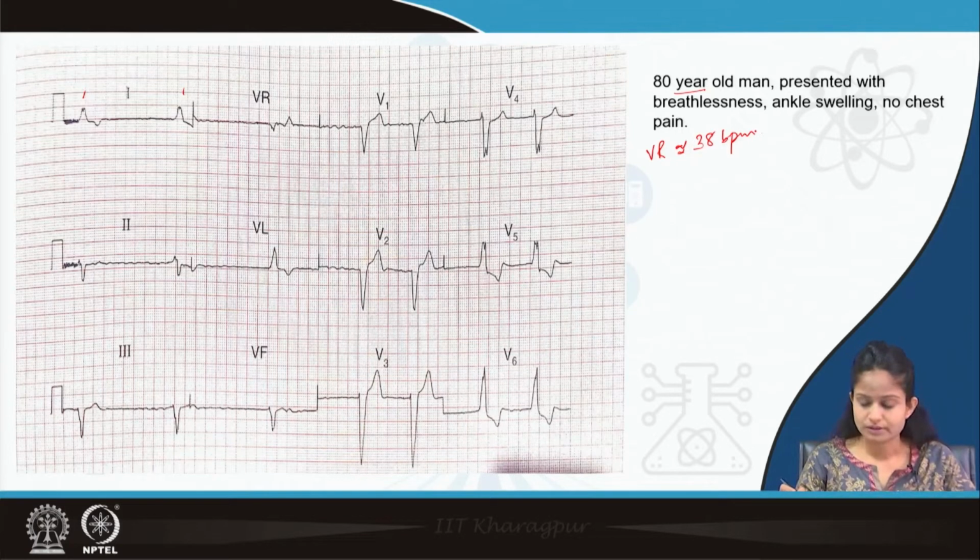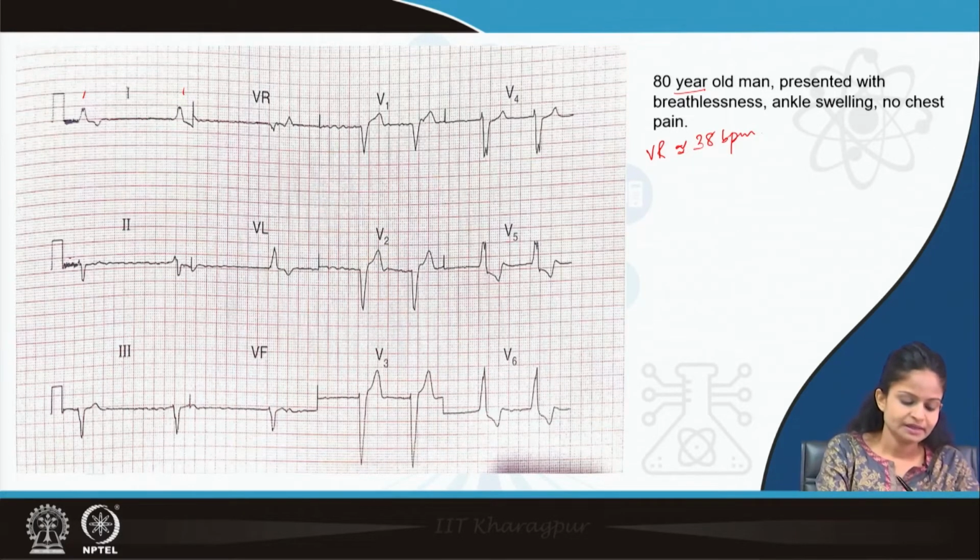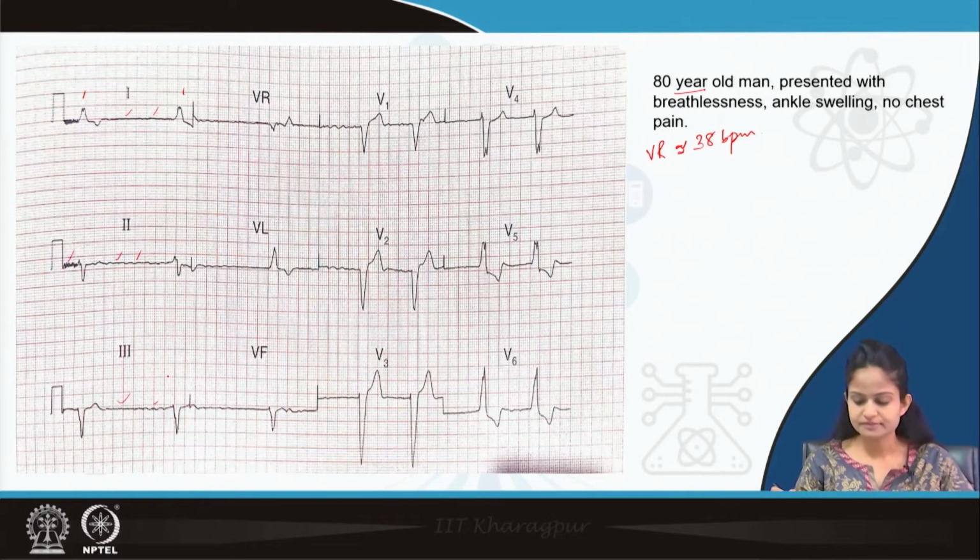Second, if we look for the P waves, we are not able to identify them because we see irregular fibrillatory waves. Since the ventricular rate is irregular, this signifies atrial fibrillation.